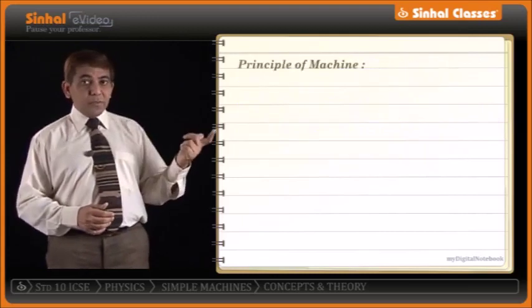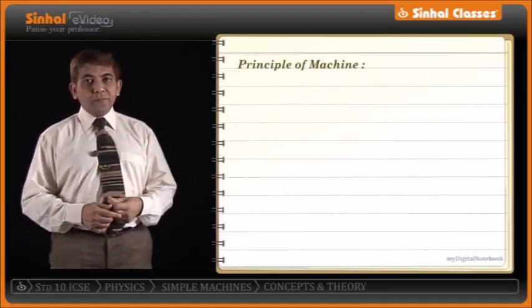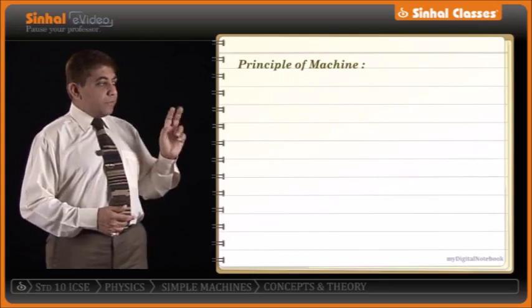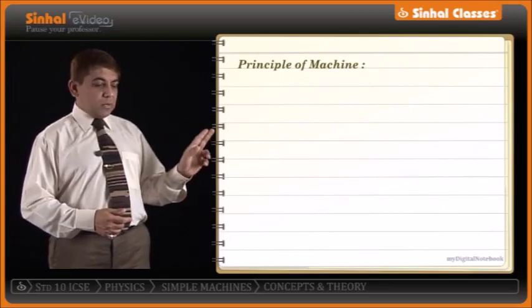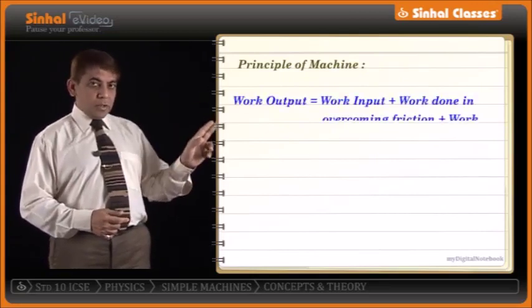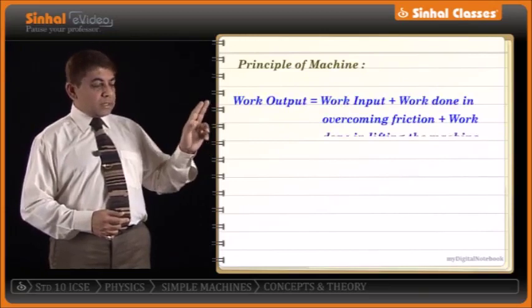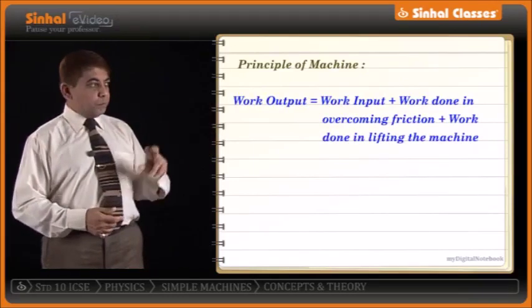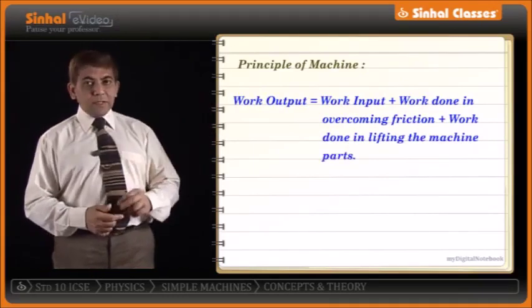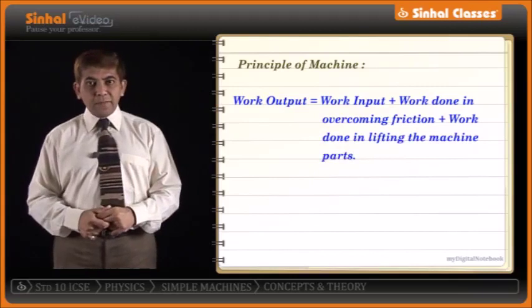We have a principle of machine which governs this law. The principle of machine says work output is equal to work input plus the work done in overcoming friction plus the work done in lifting the machine parts.